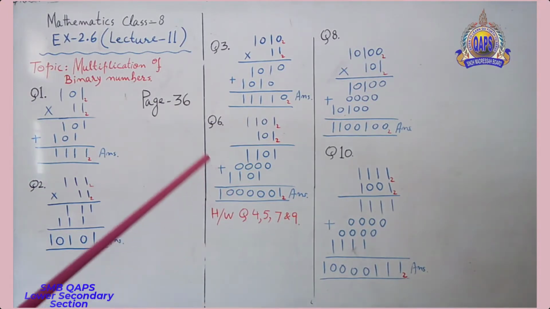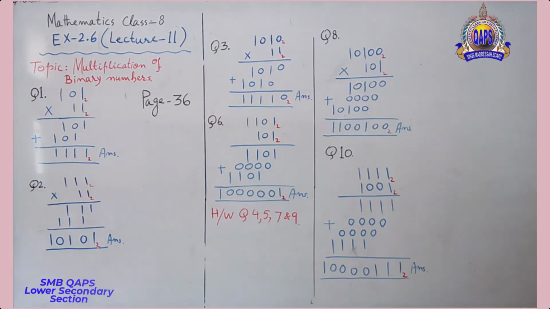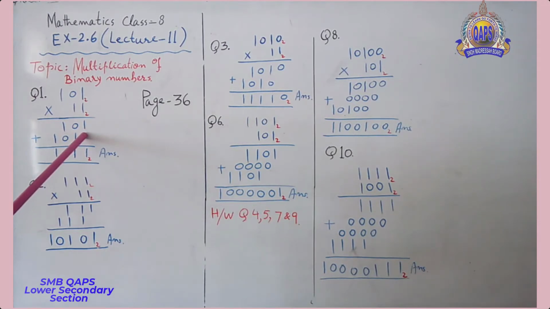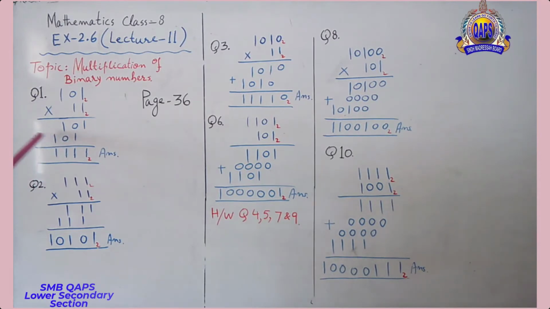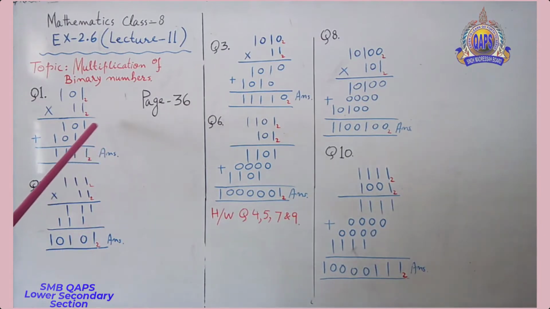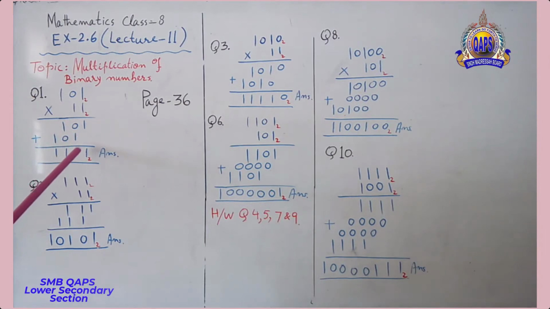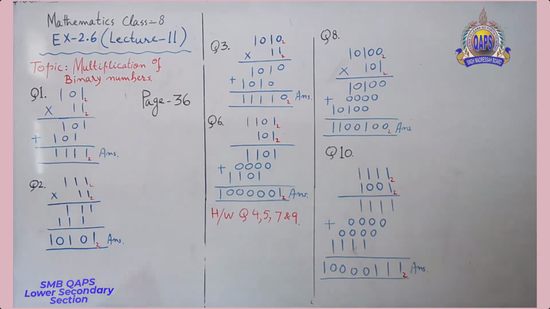Now the other one on the left hand side, it will also be 101, but we will not write it from over here. We will write it from the second digit of left hand side, 101. Now addition. 1 over here, 0 plus 1, 1, 1 plus 0, 1 and 1. Question number 1 completed, very easy.